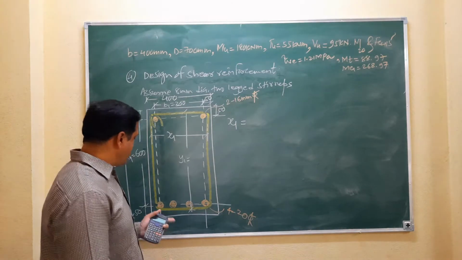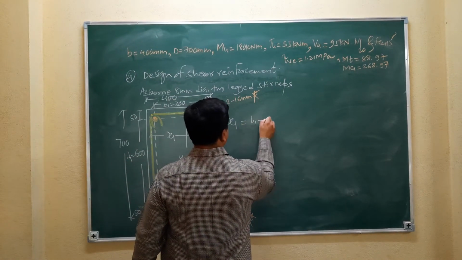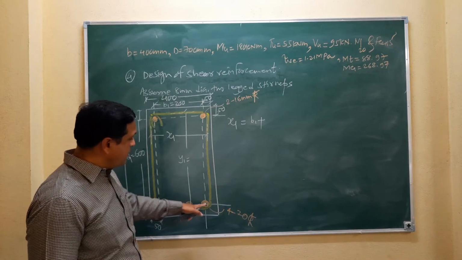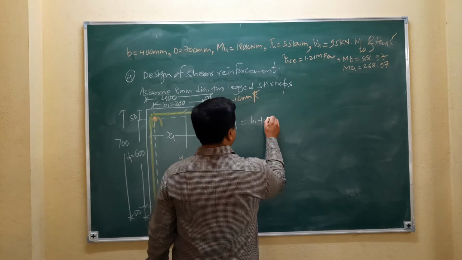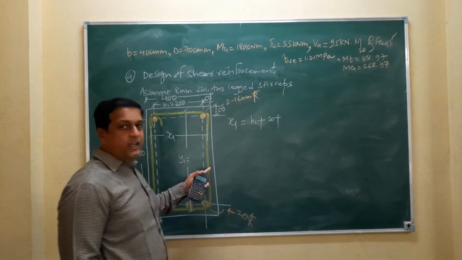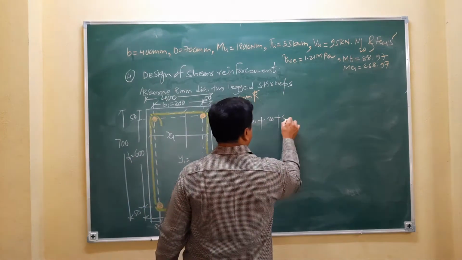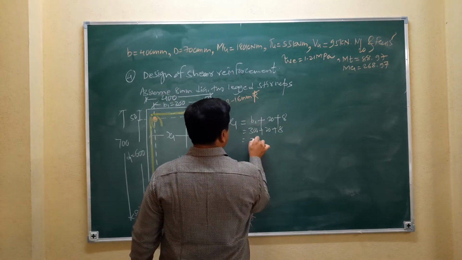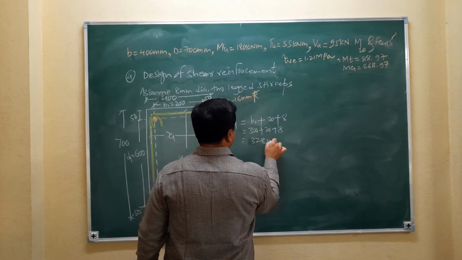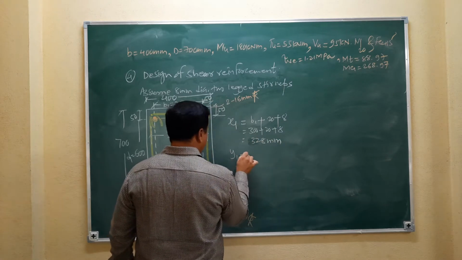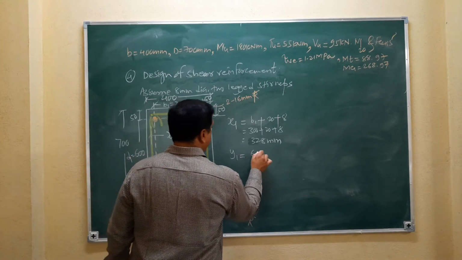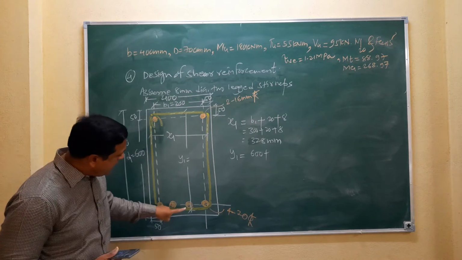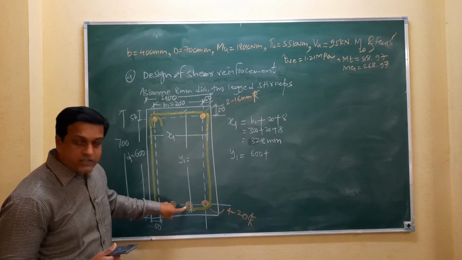So first, b1 is 300 mm, plus half of this 20 mm is 10, wait, half of 20 is 10 and half of 8 is 4, so 300 plus 20 plus 8, it is 328 mm. Now what is the y1? y1 is 600 plus half of this 20, which is 10.